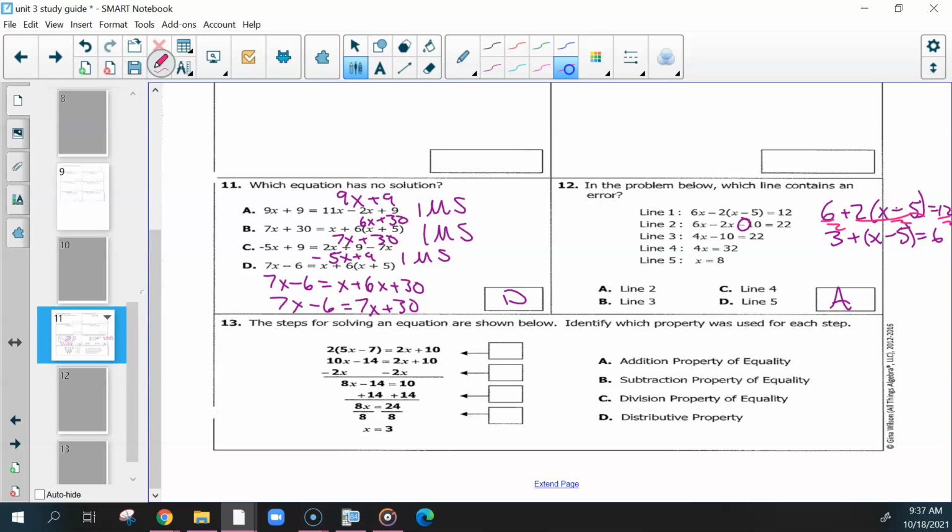Right. Were there any questions that you saw that you wanted to go over specifically? Number 18.